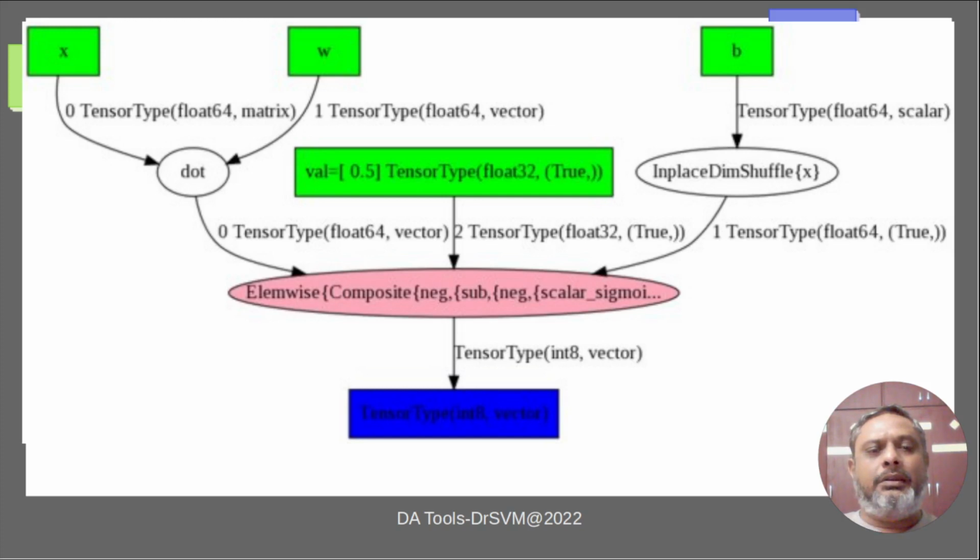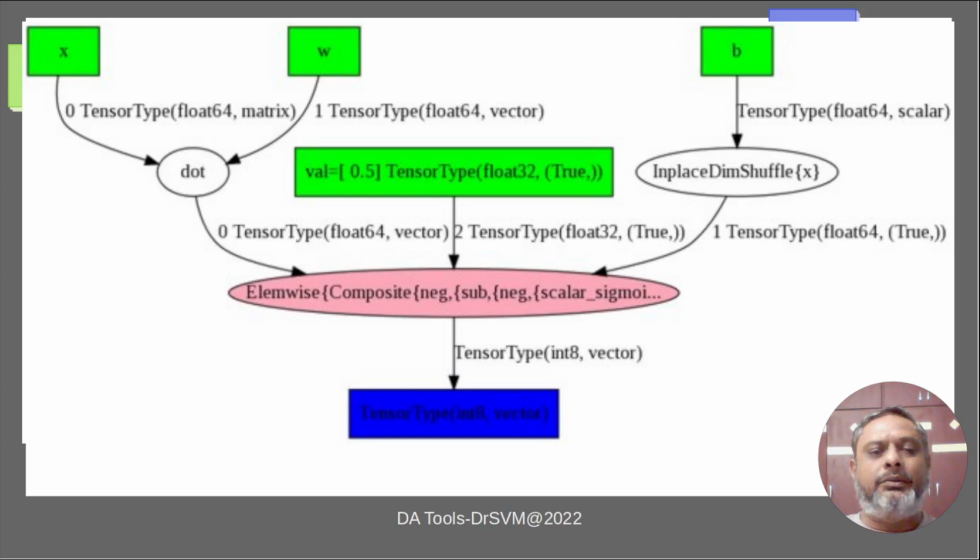And then at the end, element-wise operations are performed. So x dot w comes from one side, some half value comes from the other side, b comes from one more side.